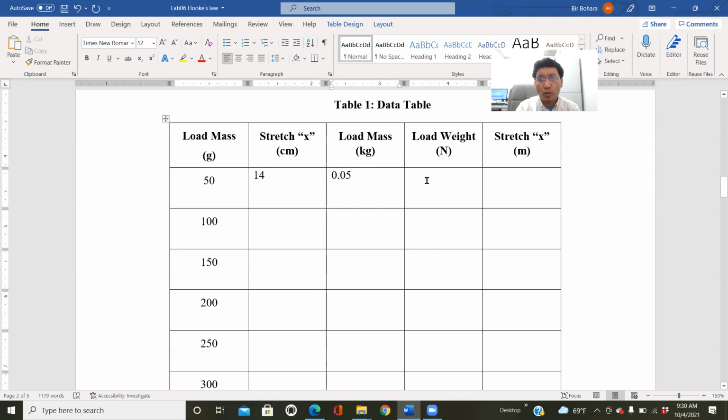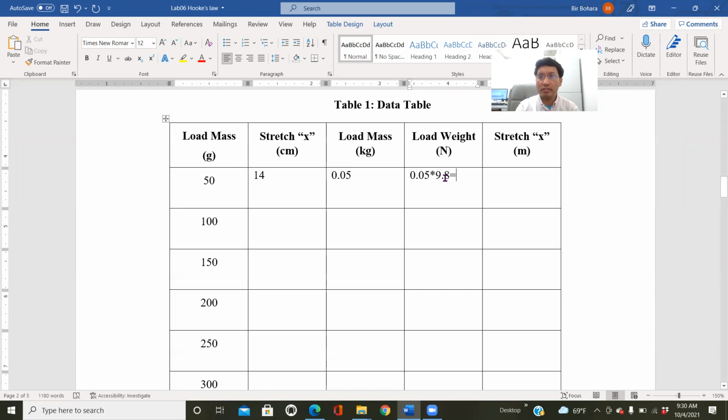And to get the load, weight is mg, right? What is m is this one, and g is 9.8. So what I'm doing is 0.05 multiplied by 9.8. It will give you some value. Write it down in this table. Don't show the calculation right here.